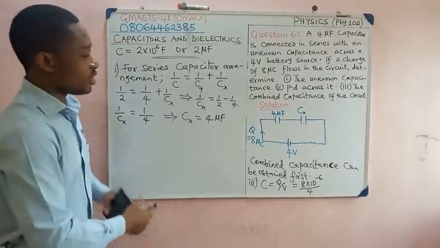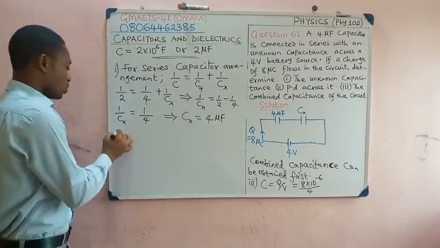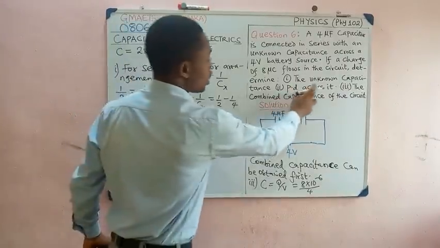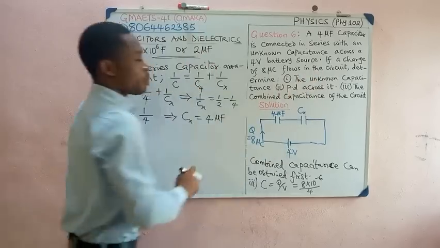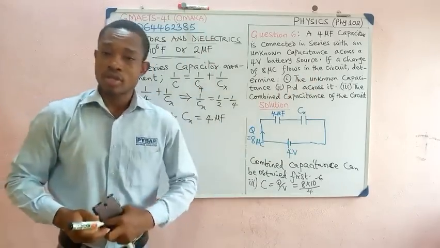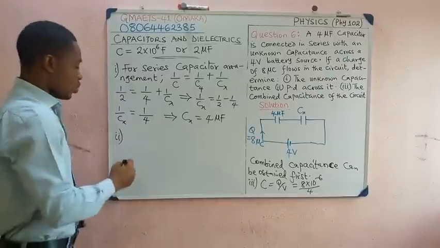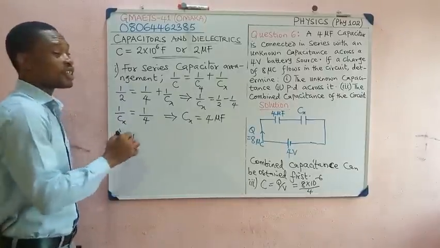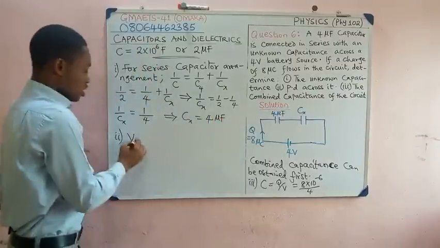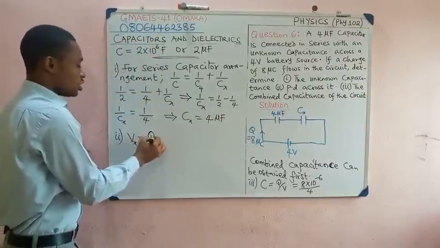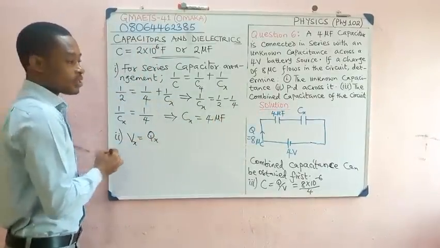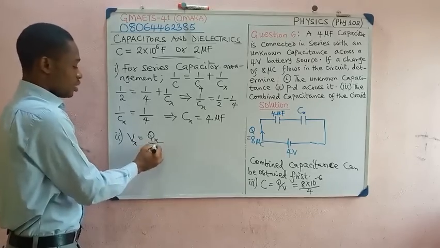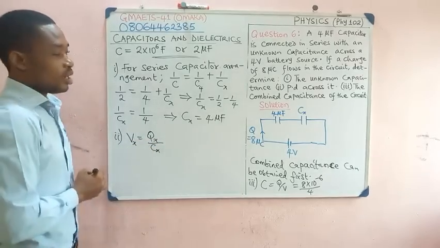Now let us look at the second part of the question. We are asked to find the potential difference across the unknown capacitance. We know that the potential difference with respect to this unknown capacitance is equal to the charge through that capacitor divided by the capacitance of that capacitor.